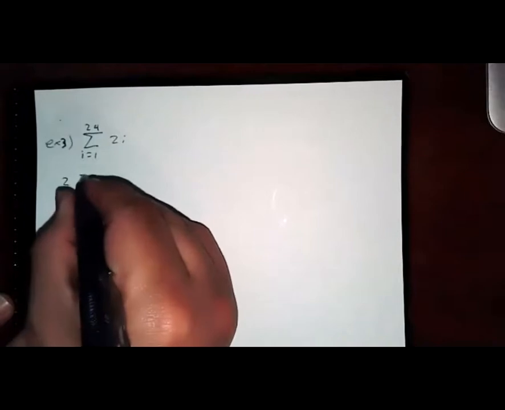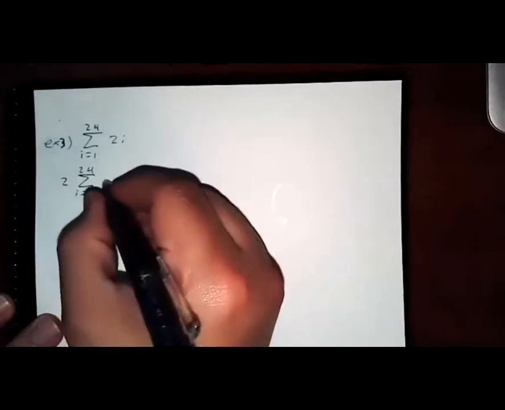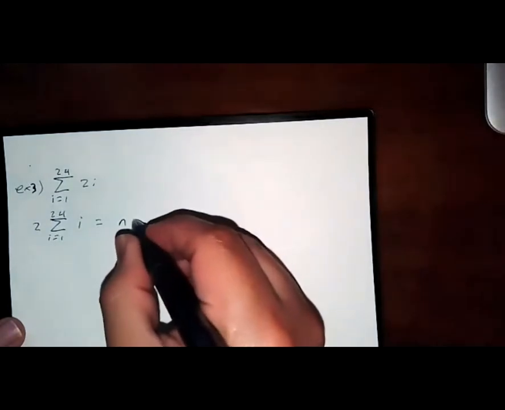Okay, so you can pull out 2 in front just like you do with integrals and just deal with the summation. The formula for just an i we said was this guy, right? n times n plus 1 over 2. That's what we said? No, I forgot already.